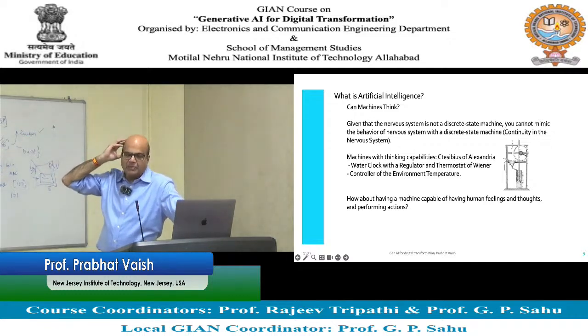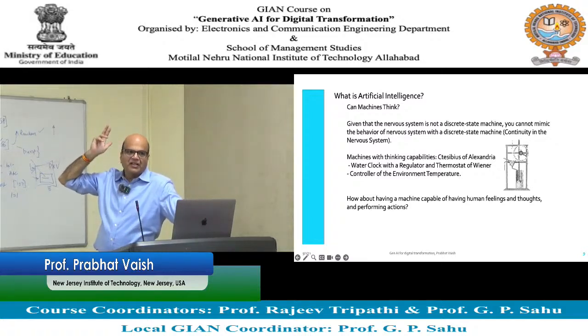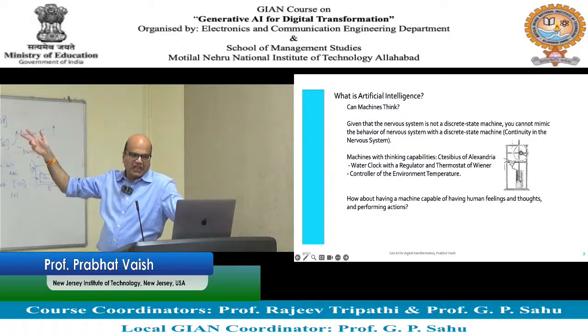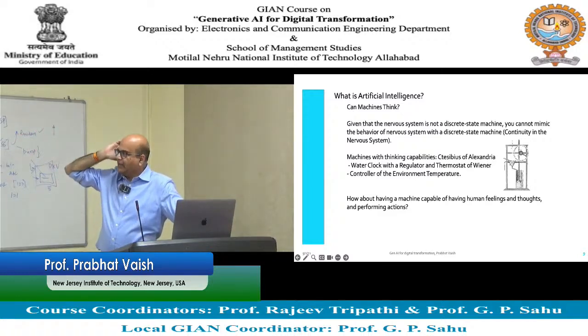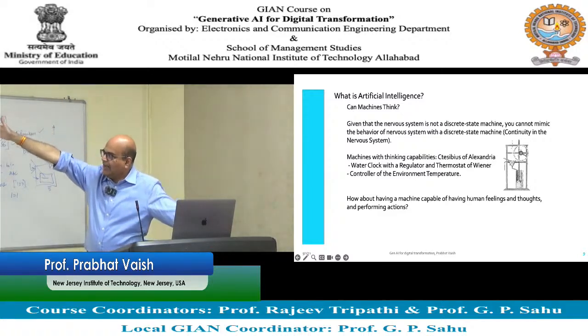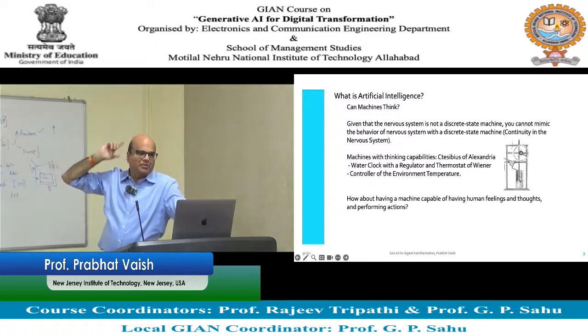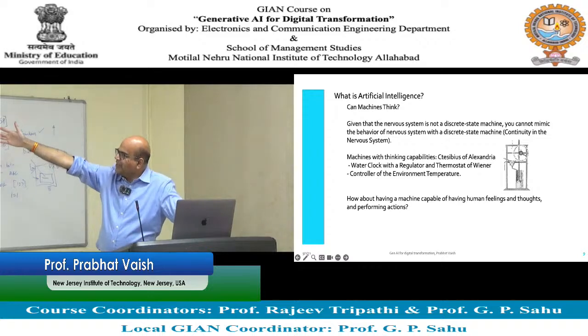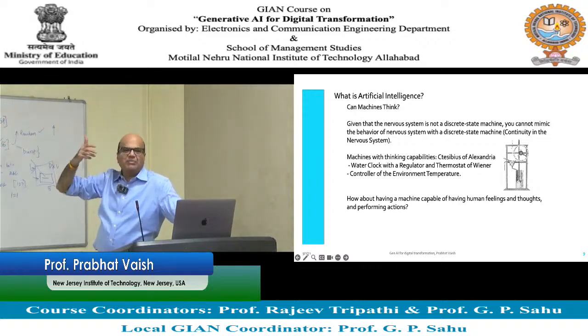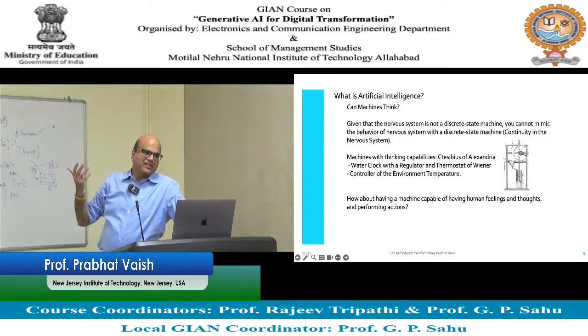We have always been enamored with that. If we can figure out how the brain functions, we can make an intelligent machine. The thinking was that the brain, the nervous system, has a continuous model because there are no discrete things here. A discrete state machine cannot mimic the continuity of our nervous system. That was the understanding.